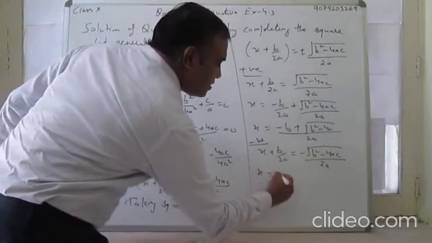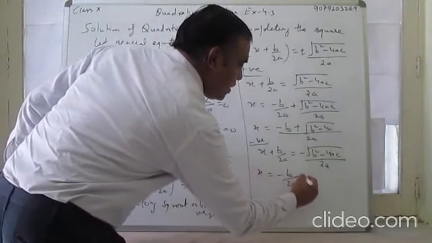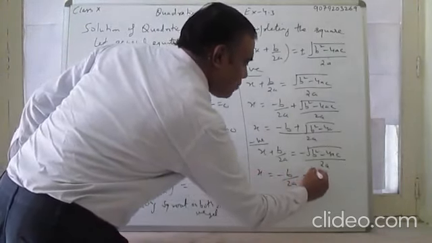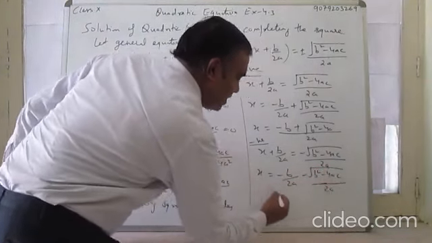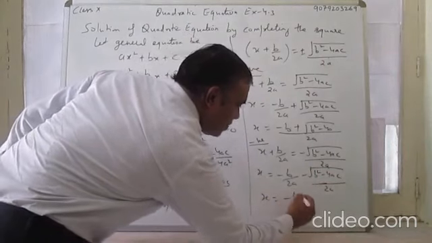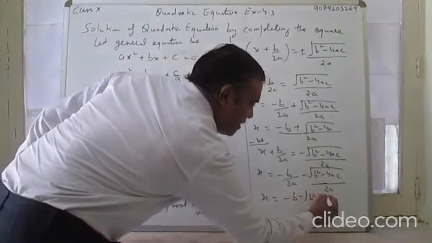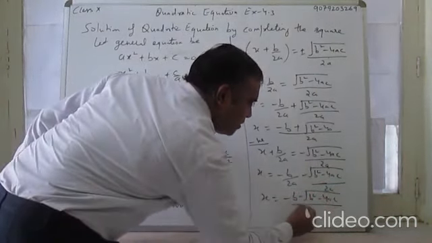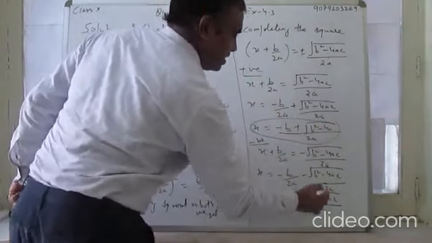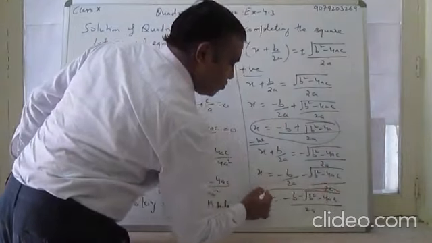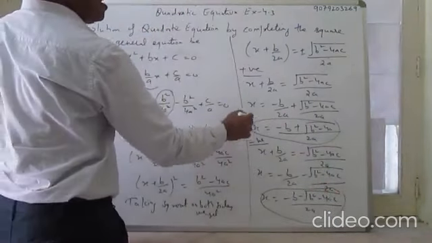So x is equal to minus b upon 2a minus under root b square minus 4ac upon 2a. Take LCM, so it is minus b minus under root b square minus 4ac upon 2a. This is one value and this is the second value. There are two roots, so it is also called a quadratic formula.